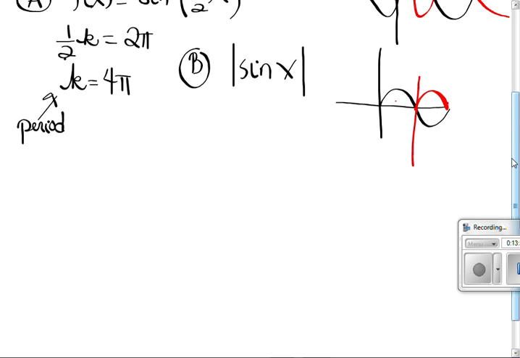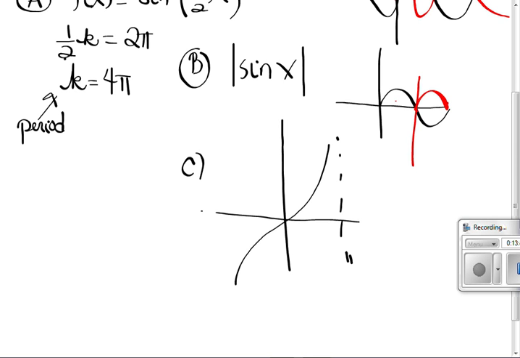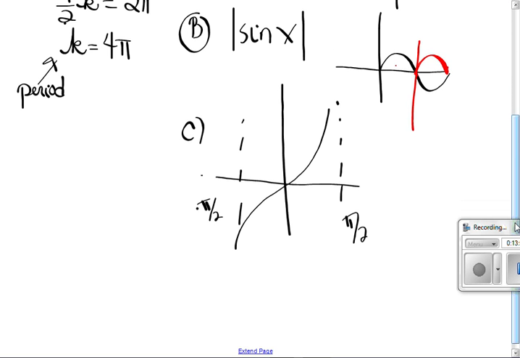The tangent of x, you guys remember what the tangent looks like? You should know these. There's pi over 2, minus pi over 2, and so that's equal to pi. And now the tangent squared, by the way, tangent looks like this.